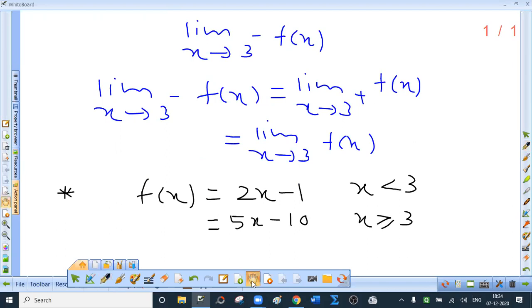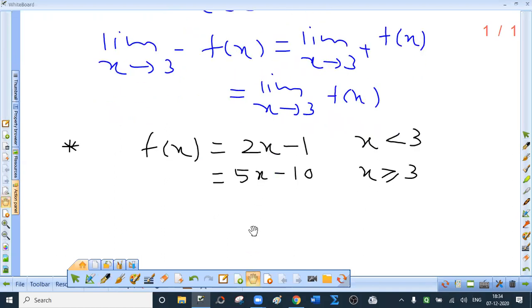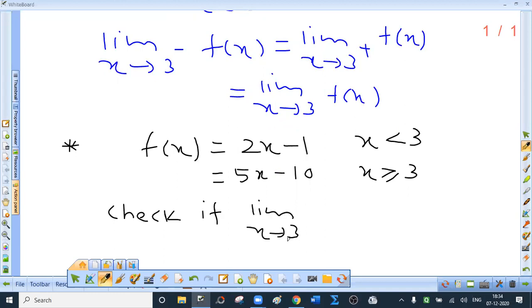This is called a piecewise function. Now this is the first example where we are considering a piecewise function, and that is why this is the first time we are to use the concept of left hand limit and right hand limit. And we are asked to check if limit x tends to 3 f(x) exists.